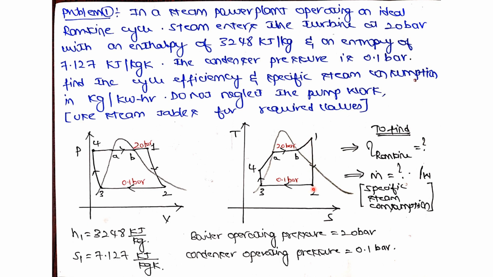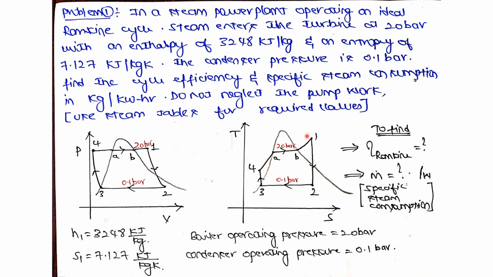Similarly for the pump work, that is from 3 to 4. For work it is initial minus final, so it is H3 minus H4. And heat supplied is from 4 to 1. For heat it is final minus initial, so it is H1 minus H4.